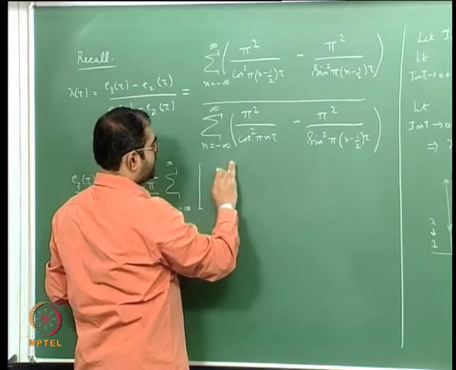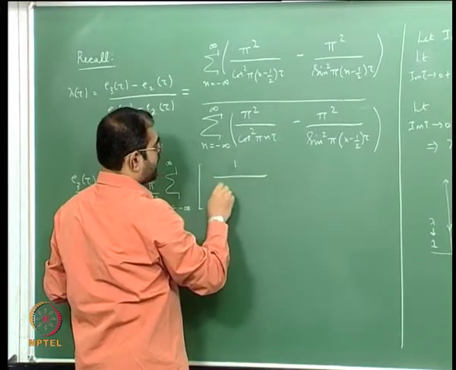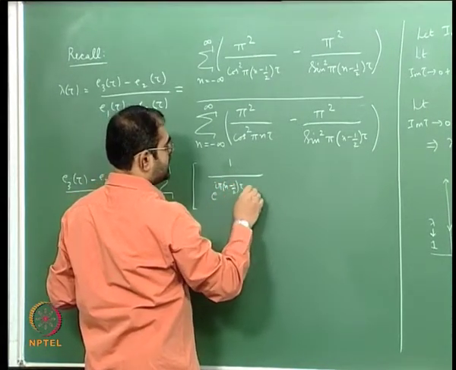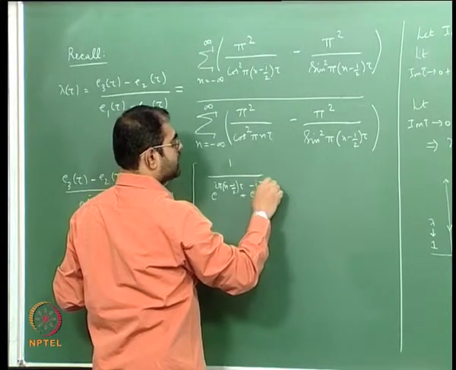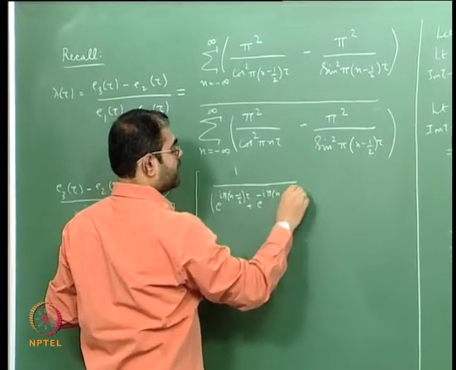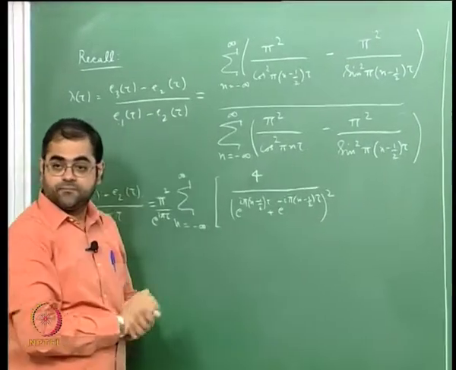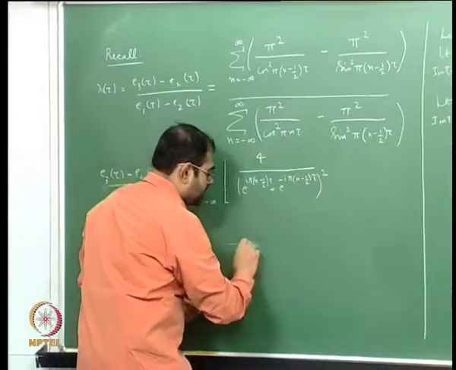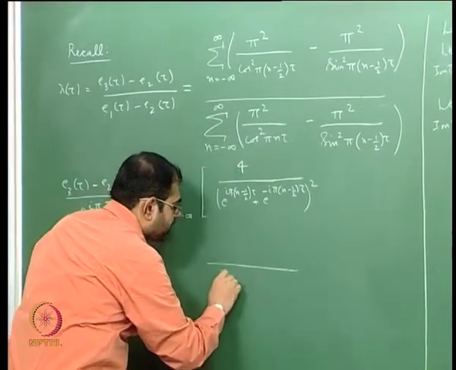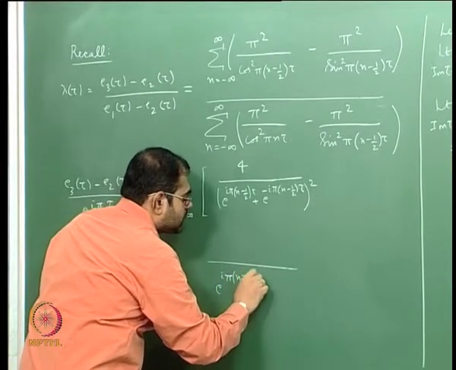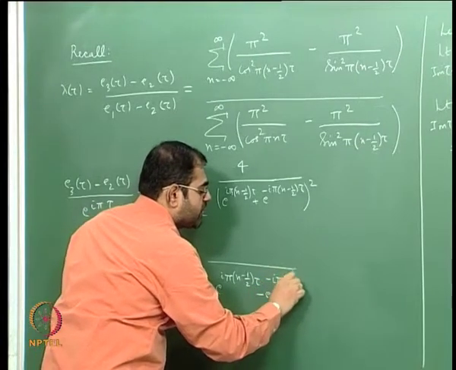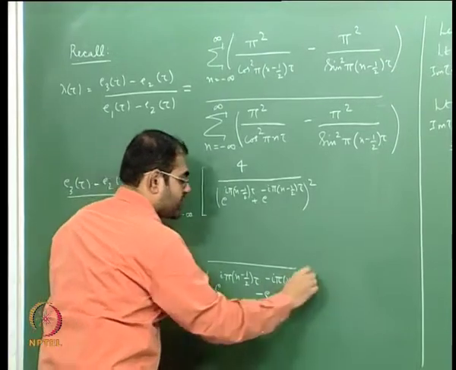The first term I get is 1 by e power i pi (n minus half) tau plus e power minus i pi (n minus half) tau, the whole squared, with a 4 in the numerator, plus e power i pi (n minus half) tau minus e power minus i pi (n minus half) tau, squared.